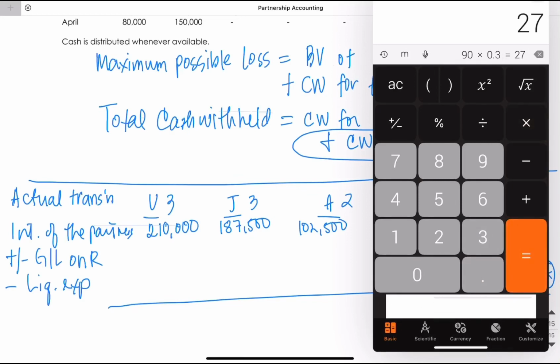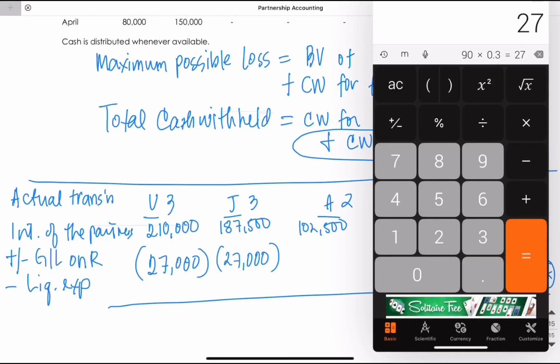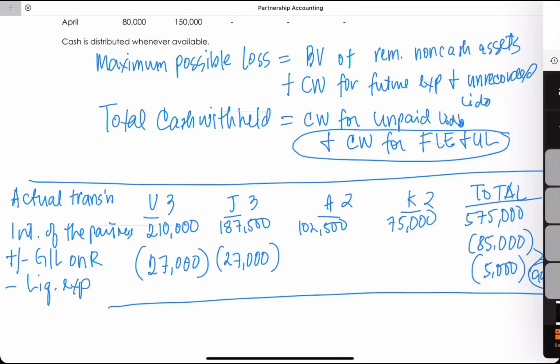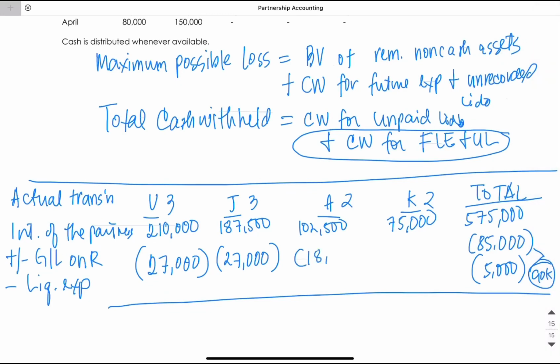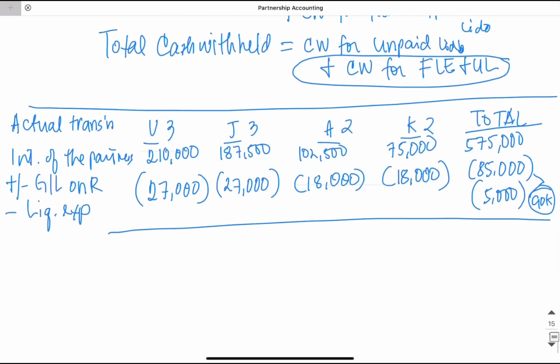So we have 27,000 negative. And 27,000 also for James. For Albert and Kath, 20%. So that is 90,000 times 20%. We have 18,000. So less 18,000, less 18,000. Okay, so we get the total.